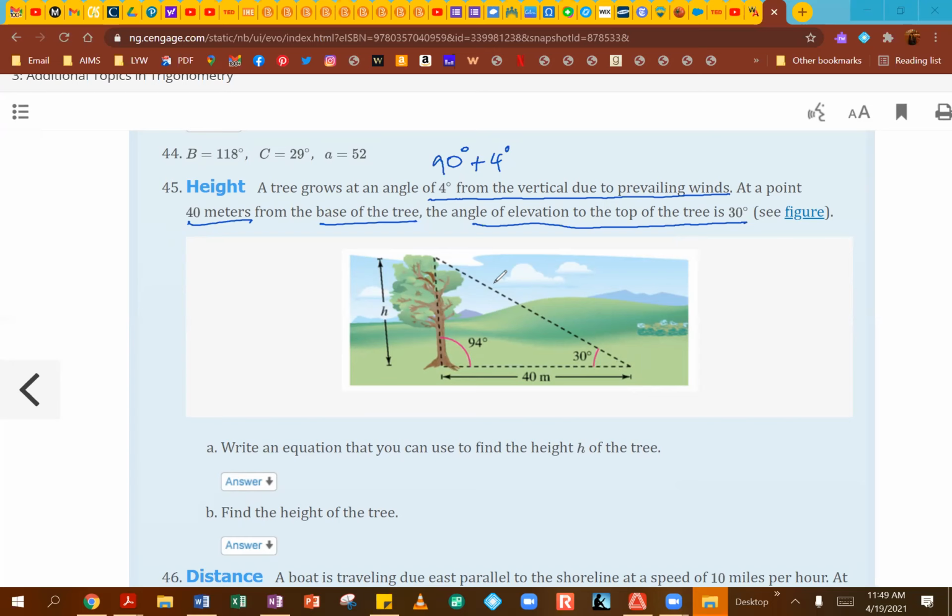So same thing, we're still trying to solve this triangle, which means we are trying to find this missing angle, and then we're trying to find the three sides. So you've got your height of the tree, which is the H, the X side, and then of course the top angle. So let's start with that one. We'll go ahead and write all of this information down.